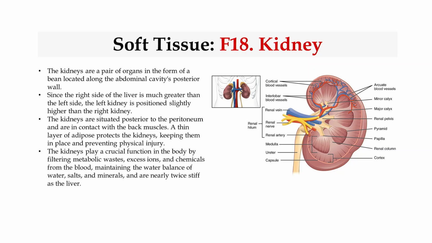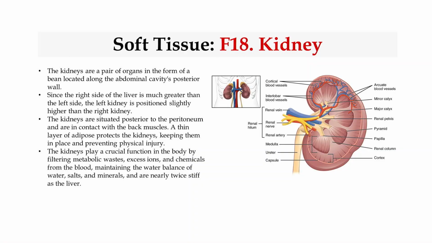So there is a little bit of differentiation in the position. The kidneys are situated posterior to the peritoneum and are in contact with the back muscles, so the back side of our body, right? A thin layer of adipose protects the kidney. Adipose tissue is a very common tissue which forms the lining of several important organs in the human body, right?